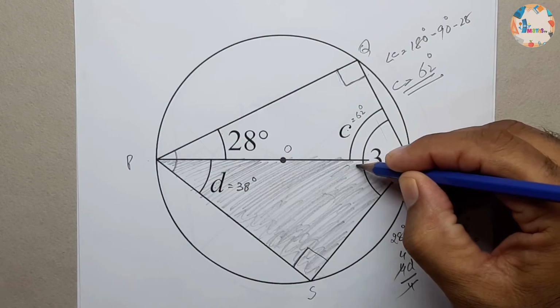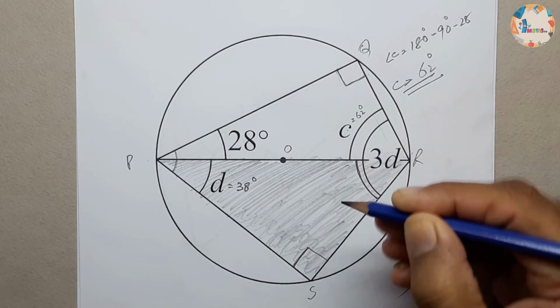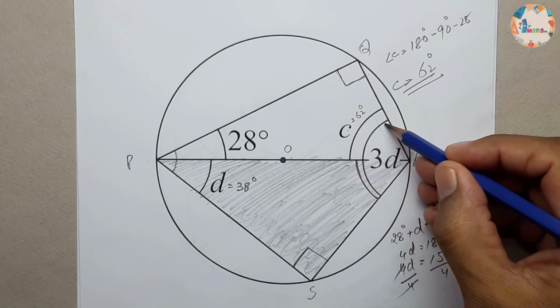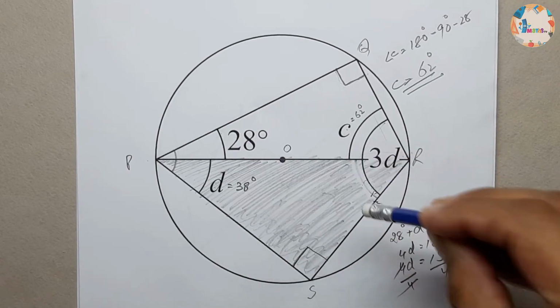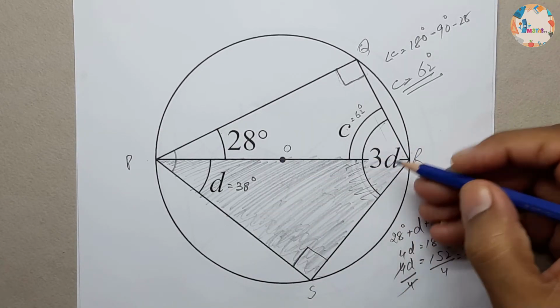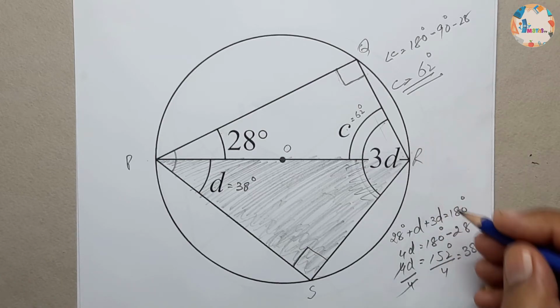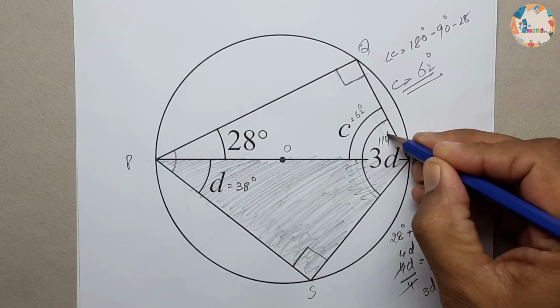So this 3D angle, the total 3D angle, is 114. We can write here 3D is equal to 114 degrees.